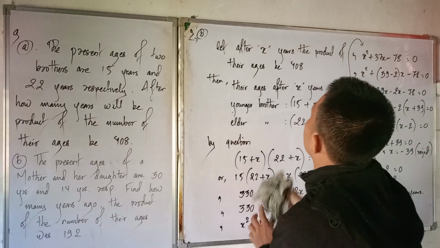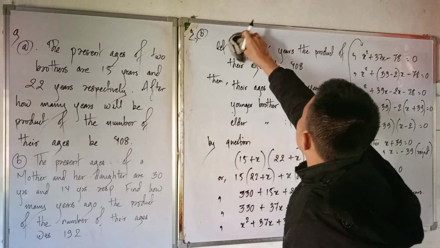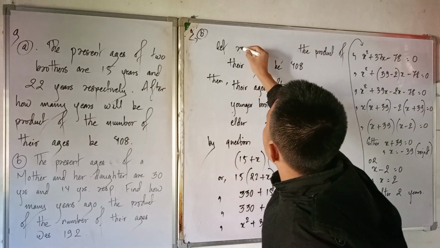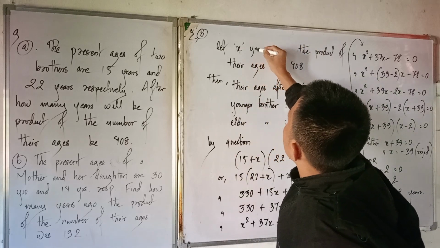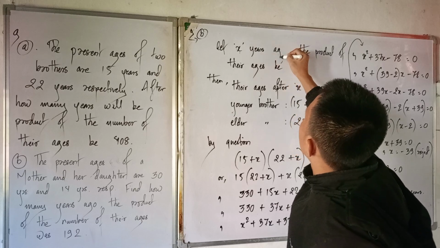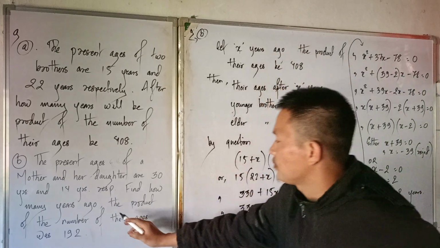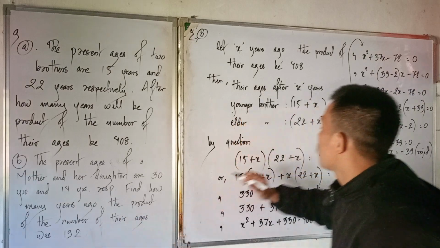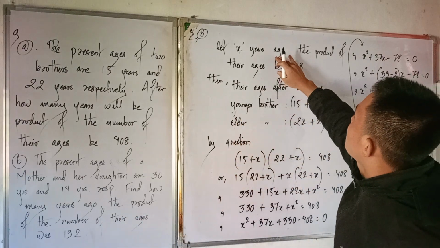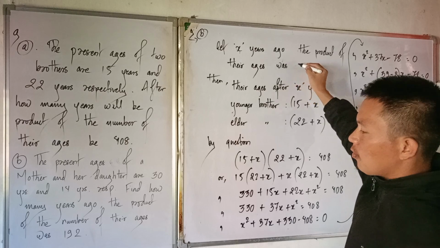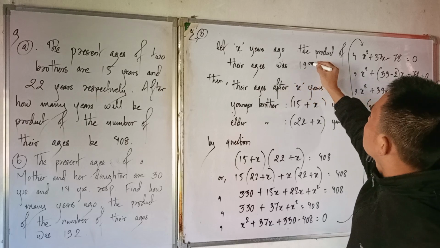Let X years ago the product of their ages be 192.